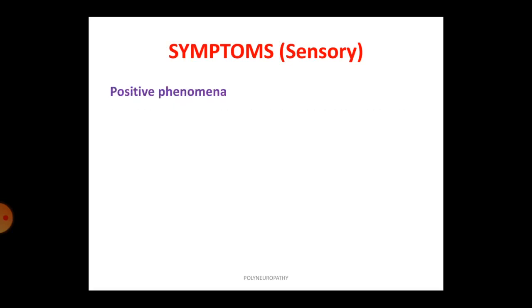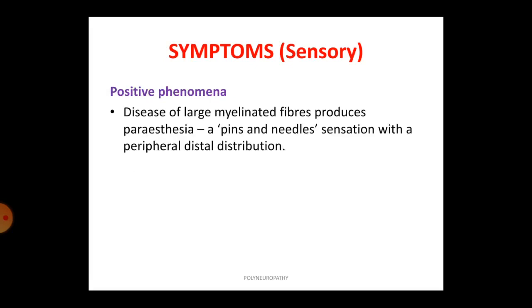Clear? Now positive phenomena means behavior is increased, that is the presence of abnormal behavior. Disease of large myelinated fibers gives a sensation of paresthesia. What is paresthesia? That is nothing but the sensation of pins and needles. The patient will continuously feel as if someone is touching with pins or needles.